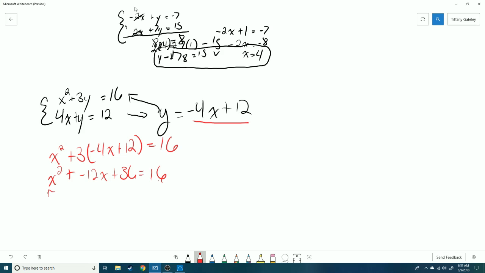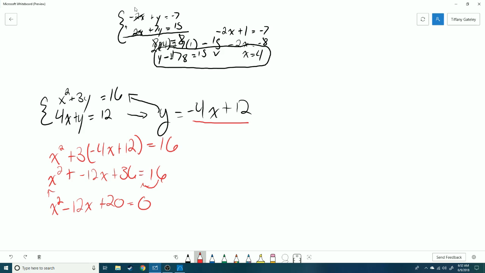And so we're going to move the 16 over to this side to have it equal to 0. So that's going to simplify to x squared minus 12x plus 20 equals 0, because we're subtracting 16 from both sides, and 36 minus 16 is 20.